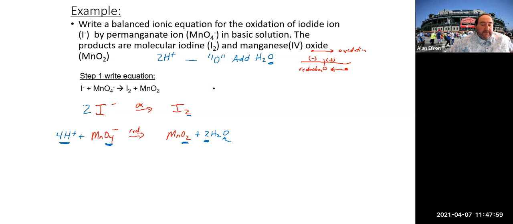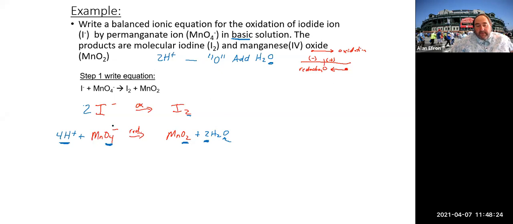There is a method where people do the hydroxide adding in the middle, and sometimes it gets a little bit confusing because there's a lot of hydroxides and canceling that happens. So in my experience, the simplest approach, even though the answer is ultimately basic, which is what we're looking for here, is to just do it in acidic solution, and at the end turn it into a basic solution.